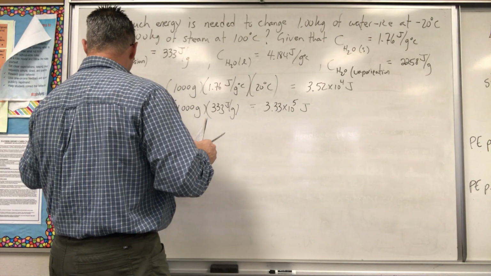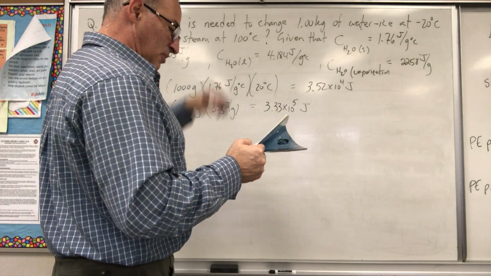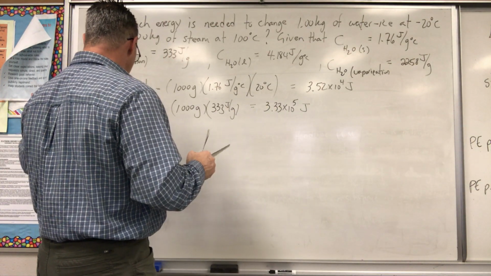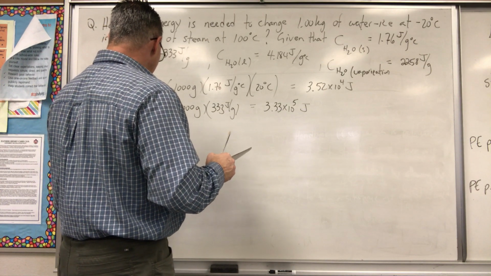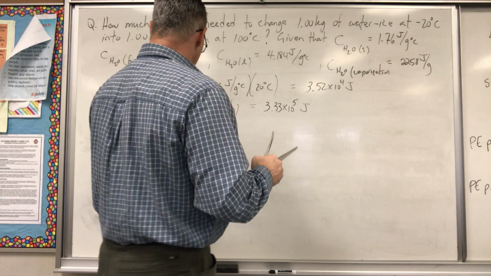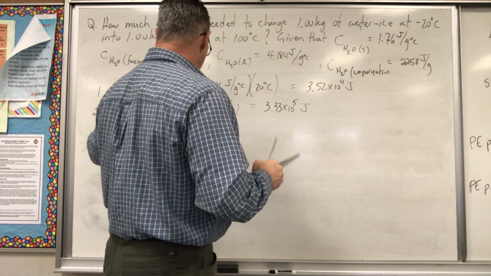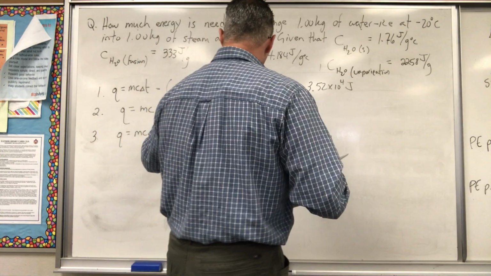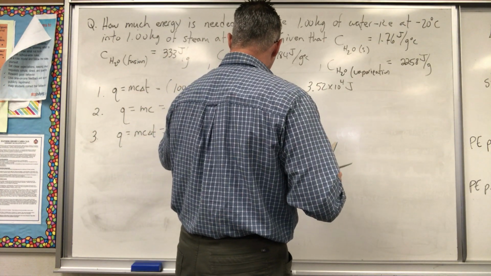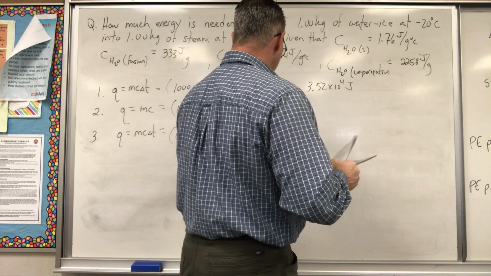Then you're going to warm up that water from 0 degrees all the way to 100 degrees. So we're going to use Q is equal to MC delta T to calculate that part. So that's 1,000 grams of water at 4.184 joules per gram degree change in temperature.